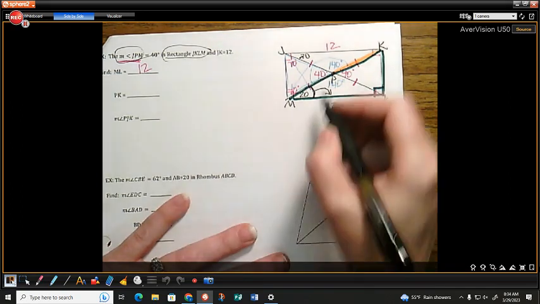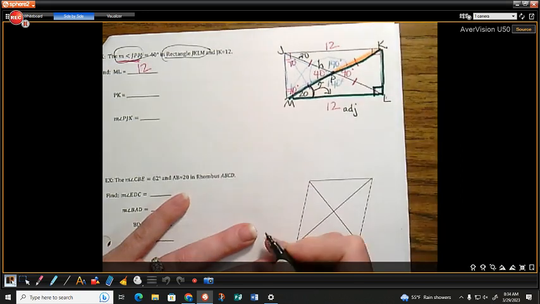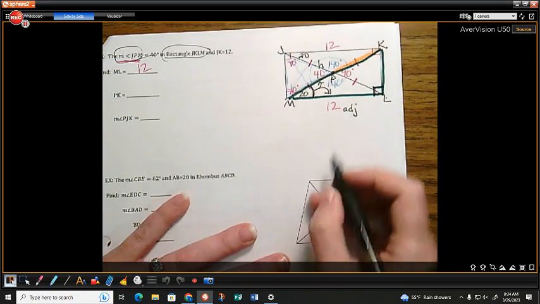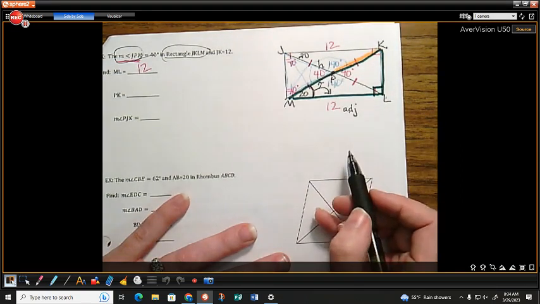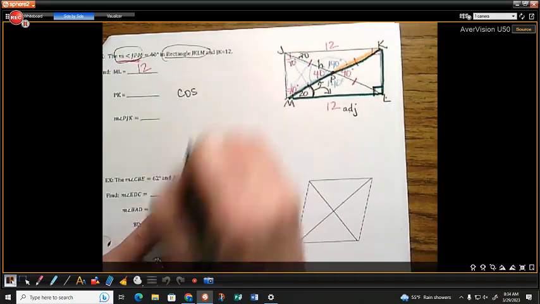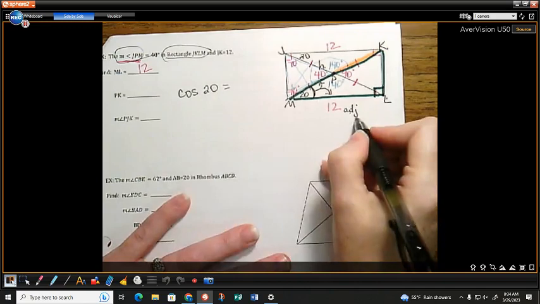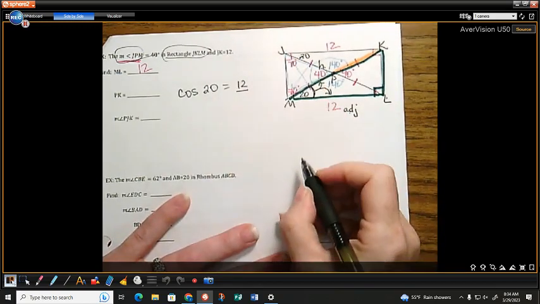So which trig function should I use if I'm wanting to find my hypotenuse? Adjacent and hypotenuse, so cosine. So the cosine of the 20 is going to give me my adjacent over my hypotenuse.